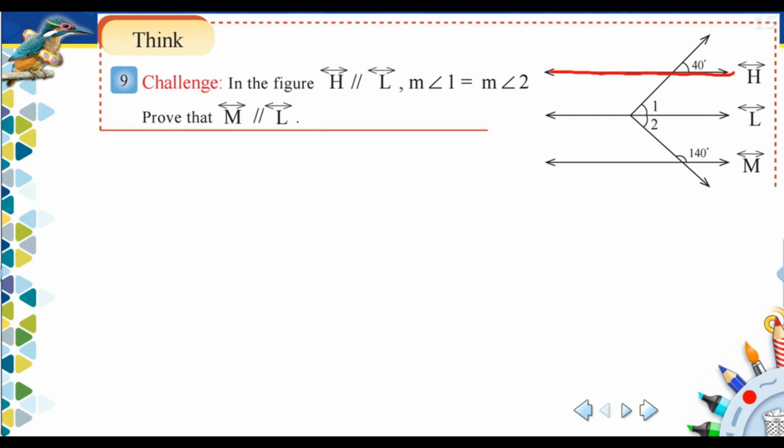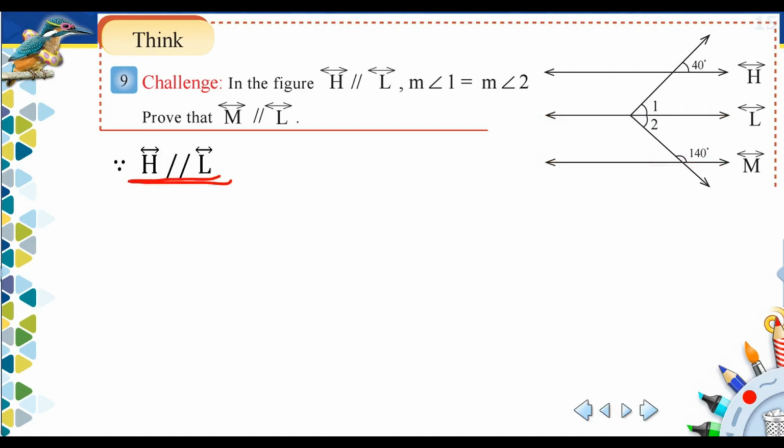What do we want? We want to prove that line M is parallel to line L.